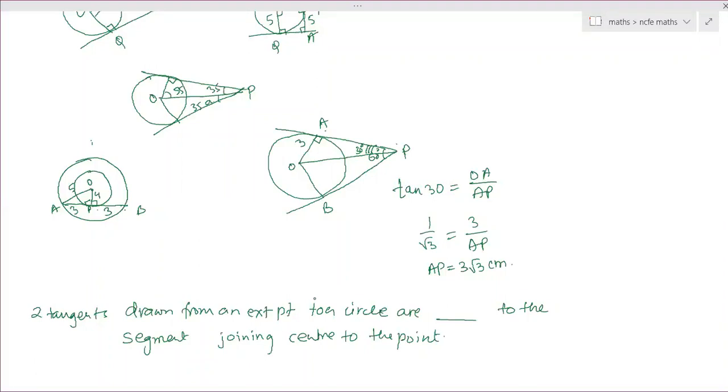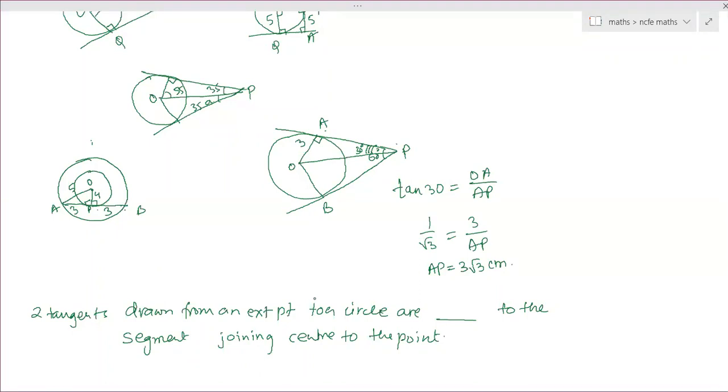Ma'am, I did this in a different method. I drew a circle and made the two tangents join at a point P, exterior to the circle. That point I took as 90 degrees. So when the segment from the center to the point joins, each angle will be 45 degrees, right?